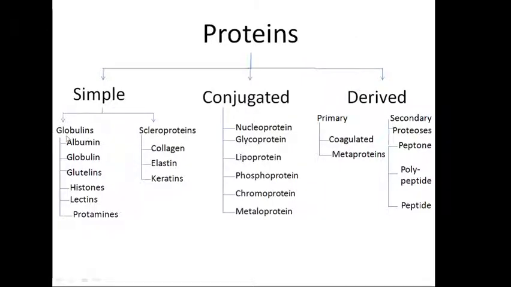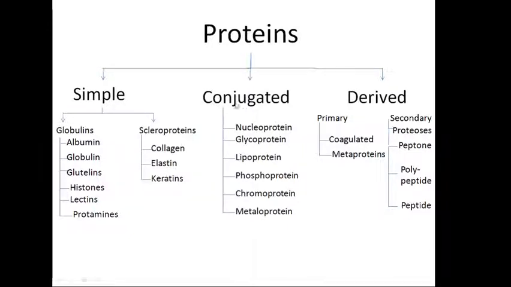Further, it could be the globulins or the fibrous proteins or the scleroproteins. Albumins, globulins, and histones are examples. When they form a fibrous structure, they are also referred to as scleroproteins, like for example in the muscles, the collagen, the elastin, and the keratin. The hair and the nails are composed of keratin. They are all fibrous proteins.